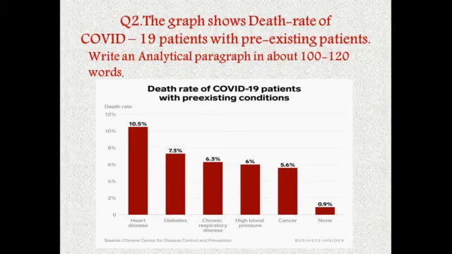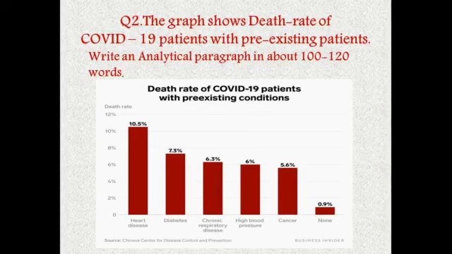It was 6% for the people suffering from high blood pressure. For the cancerous people, the death rate was 5.6%. And the people who did not have any pre-existing condition, their death rate was very low. That was 0.9%, just below 1%, not even 1%.